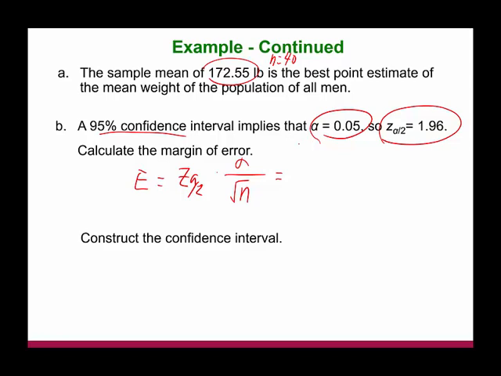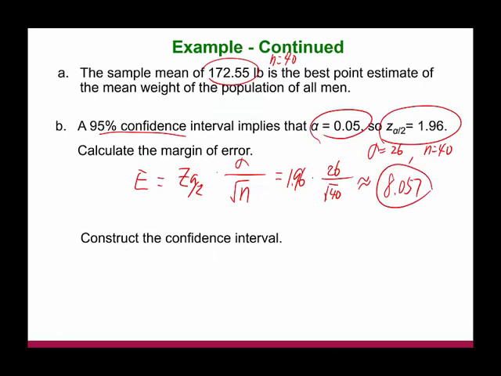So we have sigma 26, sample size 40. Now let's plug in all the numbers: 1.96 times 26 over the square root of 40. Let's run it to 3 significant digits: 1.96 times 26 divided by the square root of 40. So it will be approximately 8.057. Okay, so we get the margin of error.